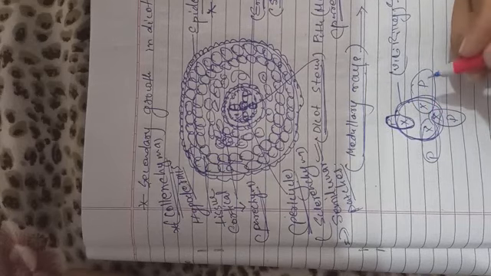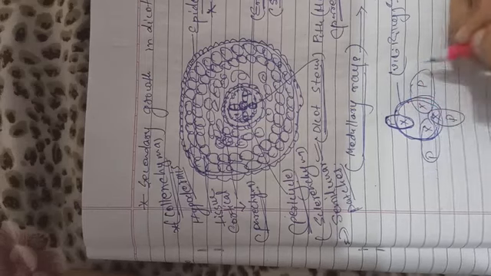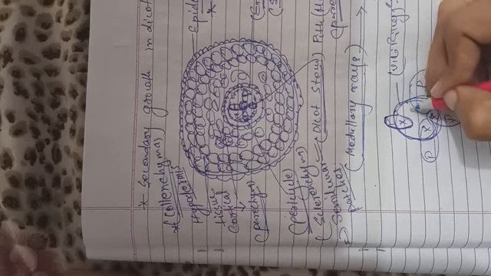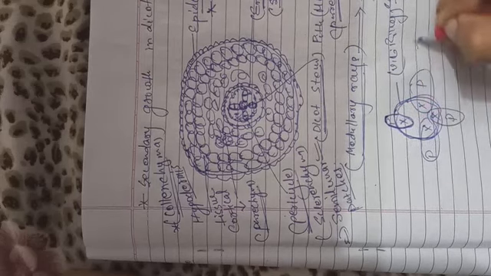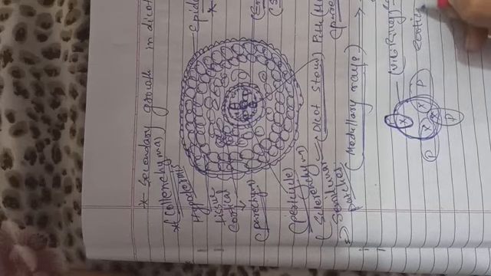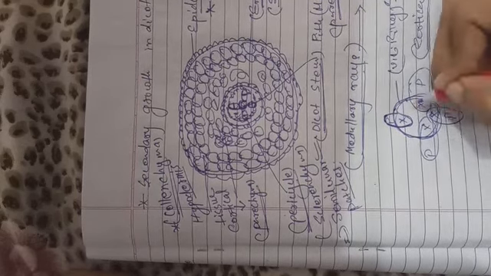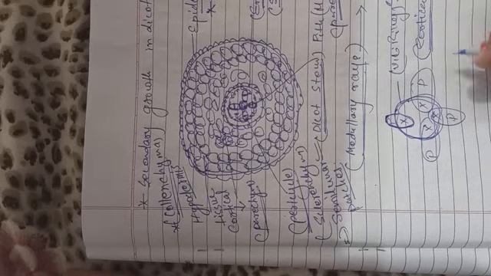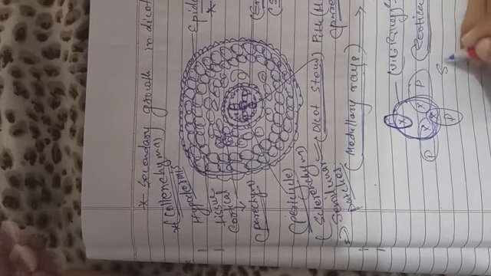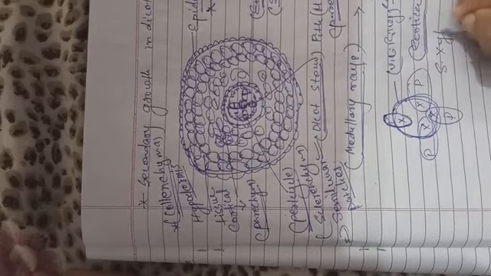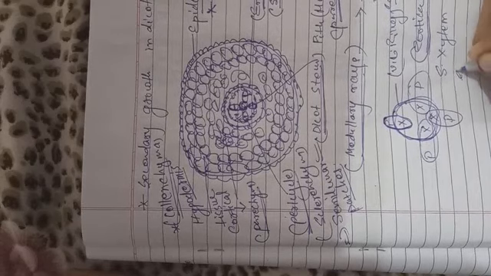So what will happen is that the cortical layers will be broken down due to the activity of this cambium ring, and eventually there will be formation of secondary xylem and secondary phloem.